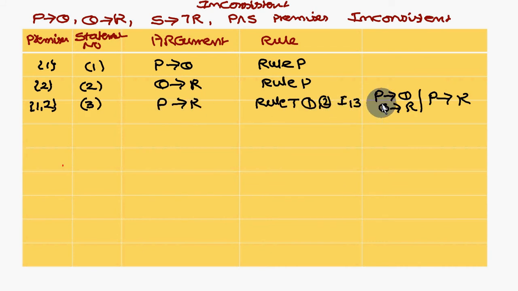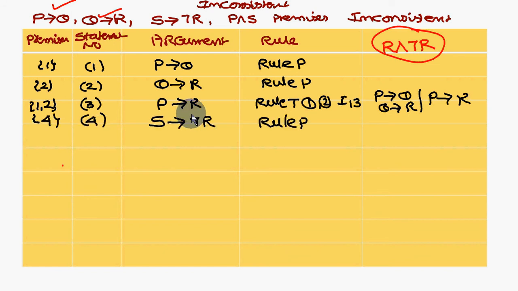I13 says P conditional Q, Q conditional R gives rise to P conditional R. Next, these two are completed, and two more are left. Now I introduce S conditional not R as rule P. So here we have P conditional R and S conditional not R.